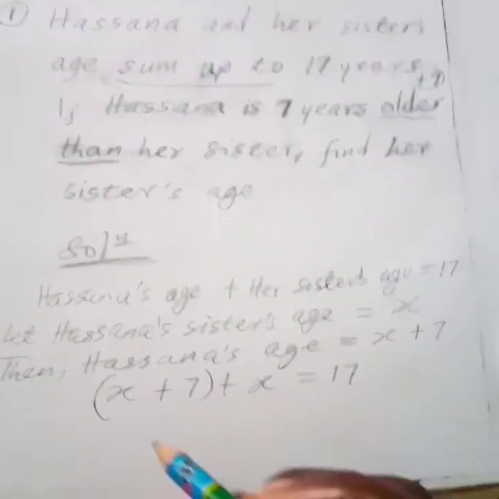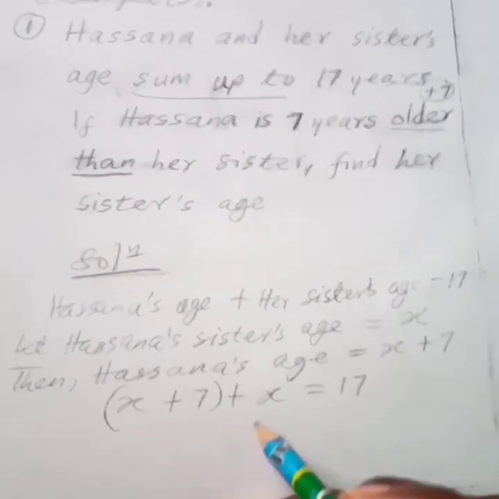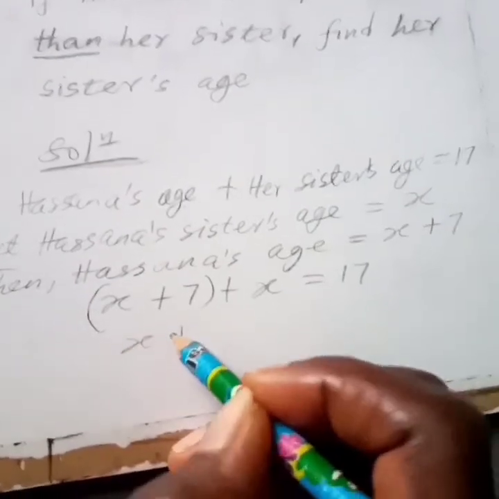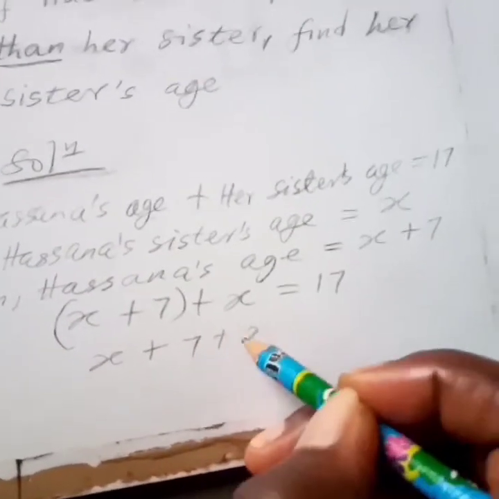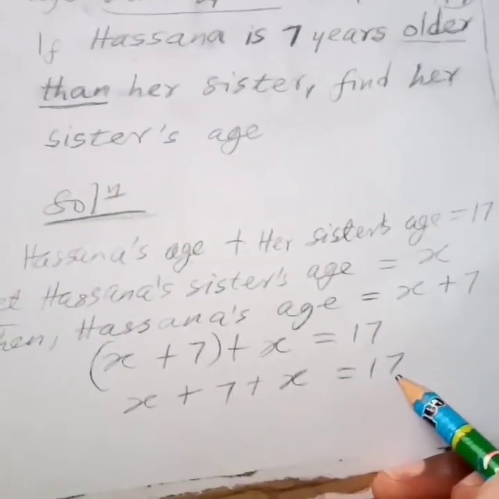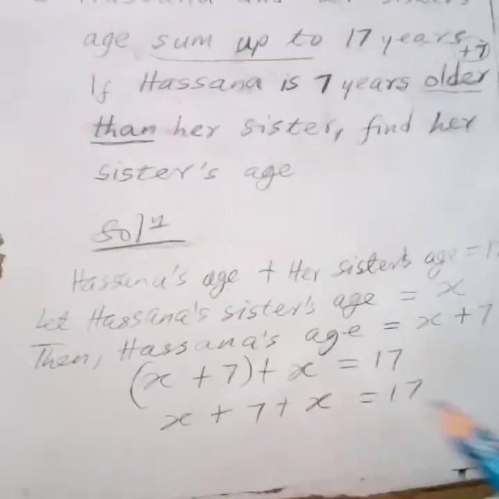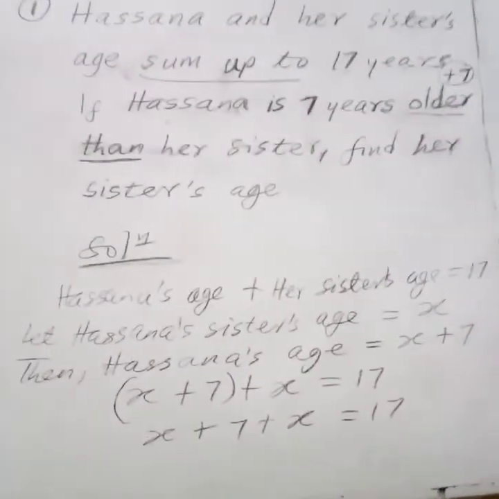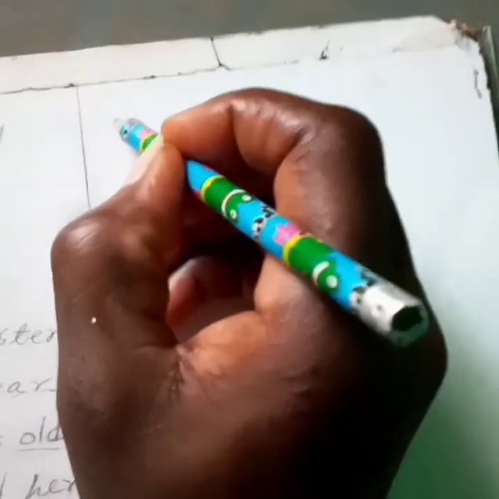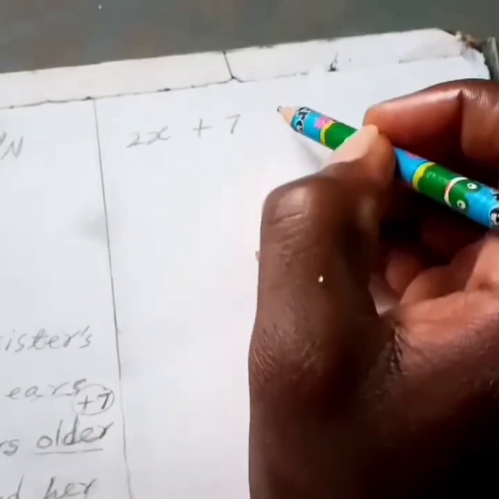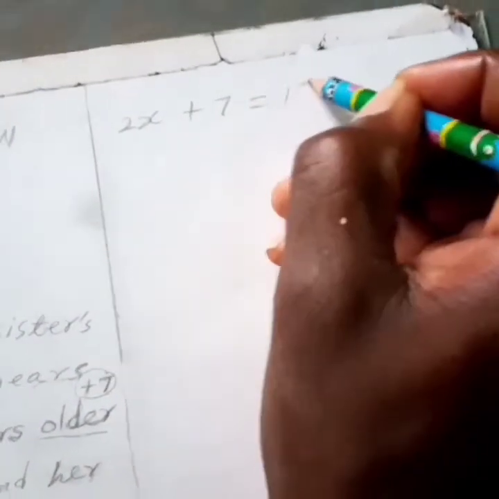So we have to open the bracket to get S plus 7 plus S is equal to 17. We have S here, S there. So that would give us 2S plus the 7, then equal to 17.